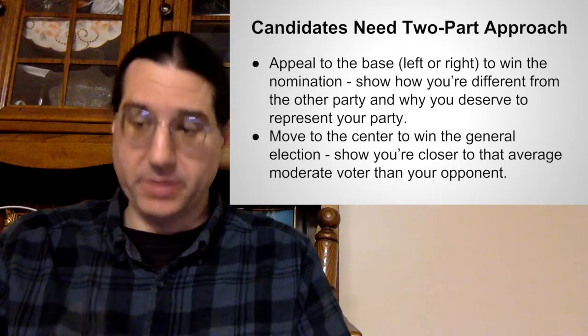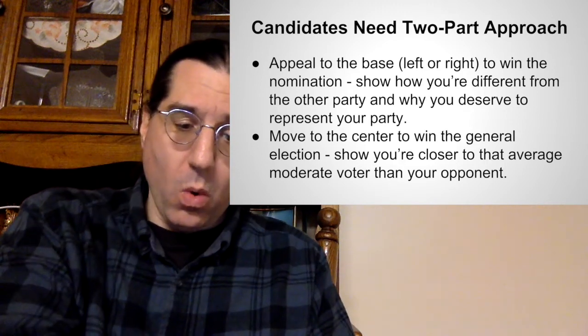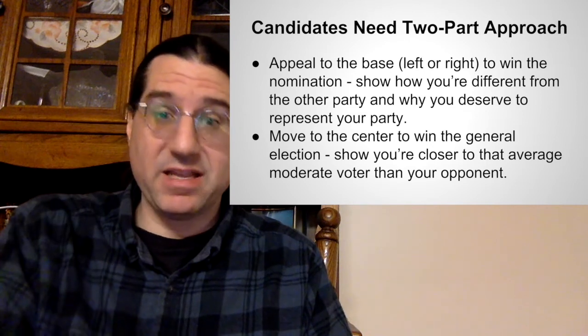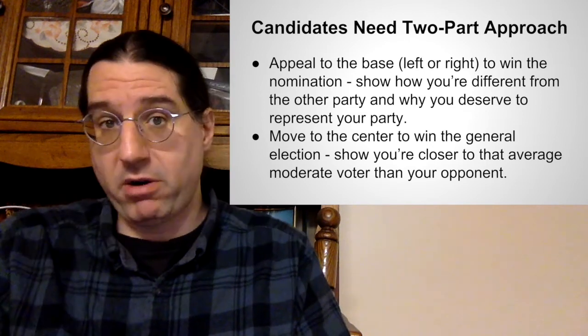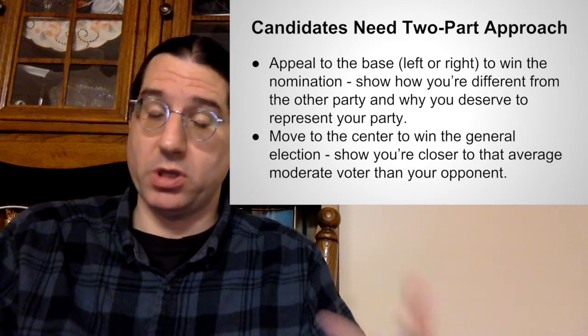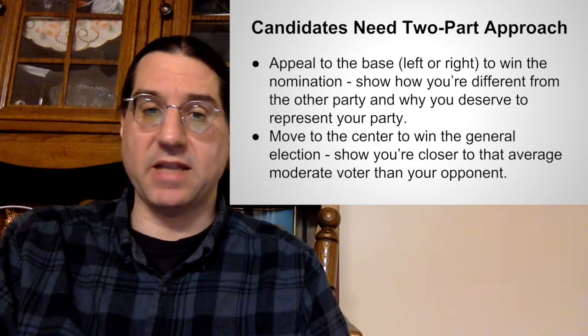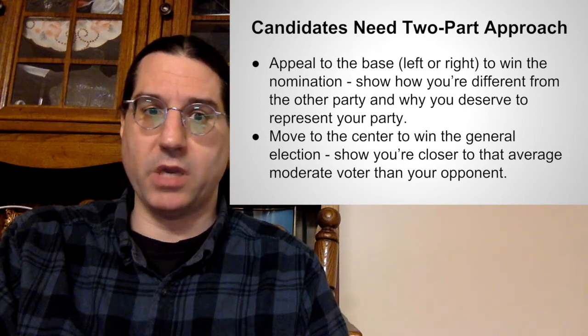Right? So it gets complicated because there are things that you say to appeal to the primary voters that might not appeal so much to the general election. But we can look at some case studies of that later on to see how that works.